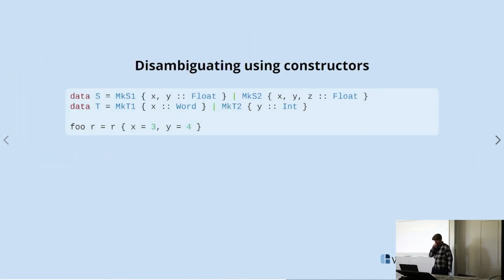So here's an example of a record update. We've got these two data types, and we've got a record update, and we want to figure out what data type I am updating here. It used to be the case that we did most of this in the type checker, but it's much better to do this just syntactically.